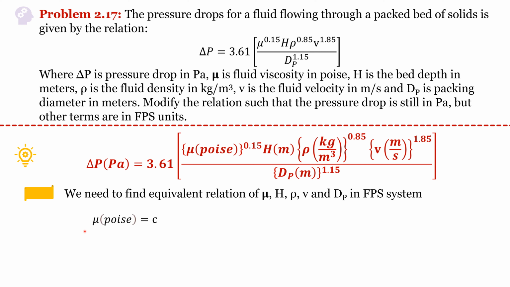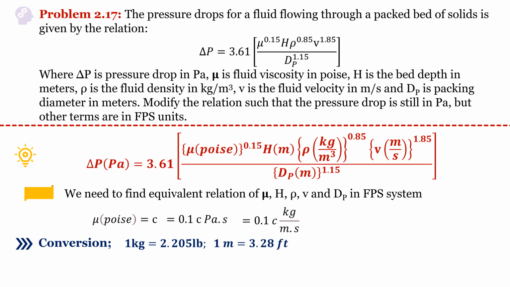So we simply assume that mu in poise is equal to some constant, that is c. Now we can convert this c poise into FPS units, and further this c can be written as 0.1 c Pascal second. Now we can simply convert this Pascal second into other units. So this Pascal can be written as kg per meter second. Now we can convert this kg to lb and this meter to feet.